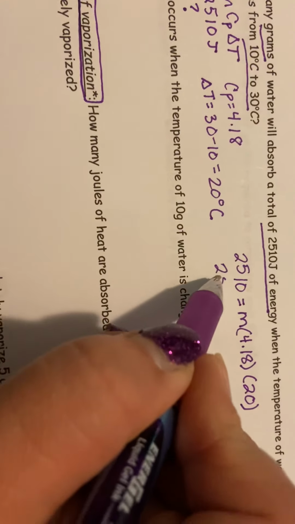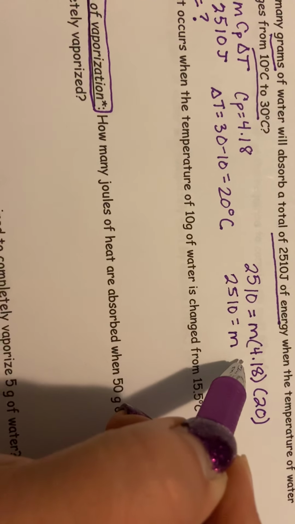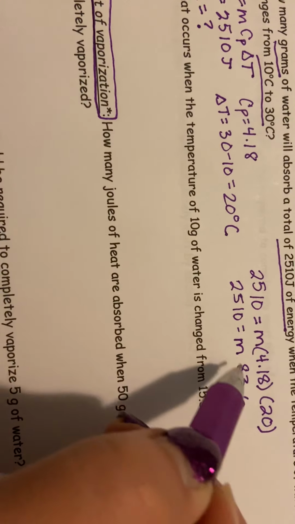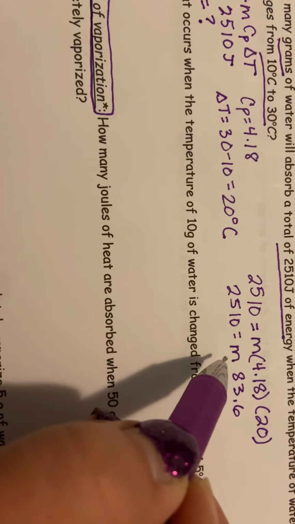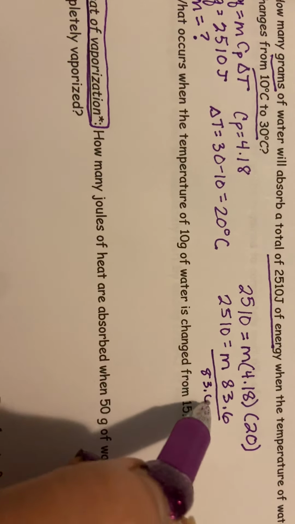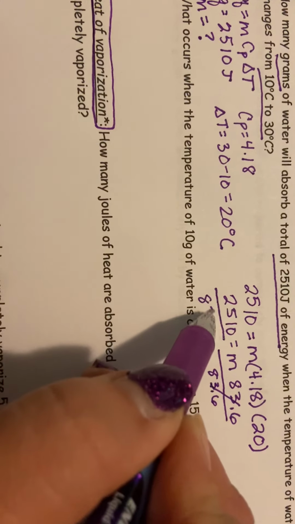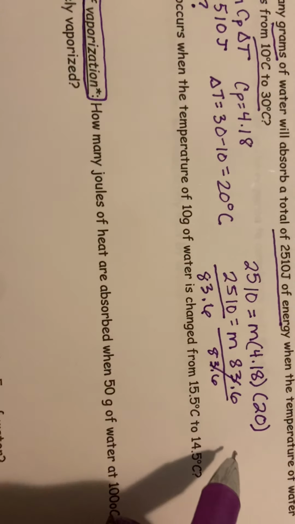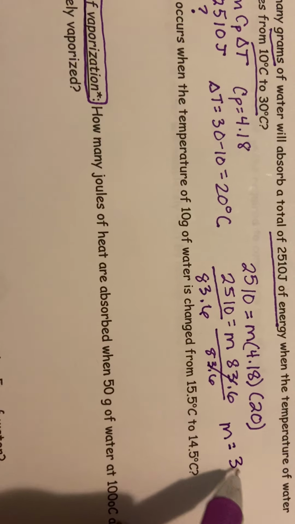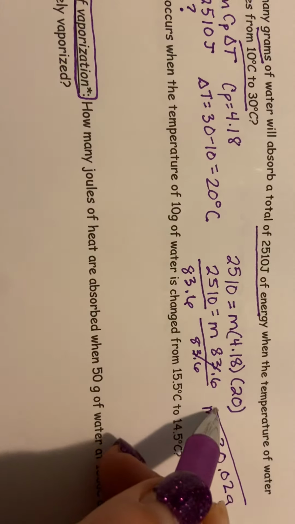So 2510 equals M times 83.6, because that's what those two are multiplied together. Now you have to get M by itself, so you divide by 83.6 to get rid of it, but what you have to do to one side, you have to do to the other. So now when you divide those, you should get mass equals 30.02 grams.